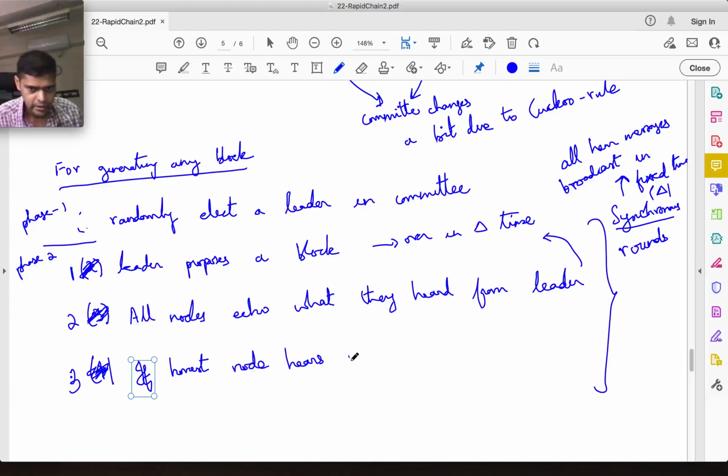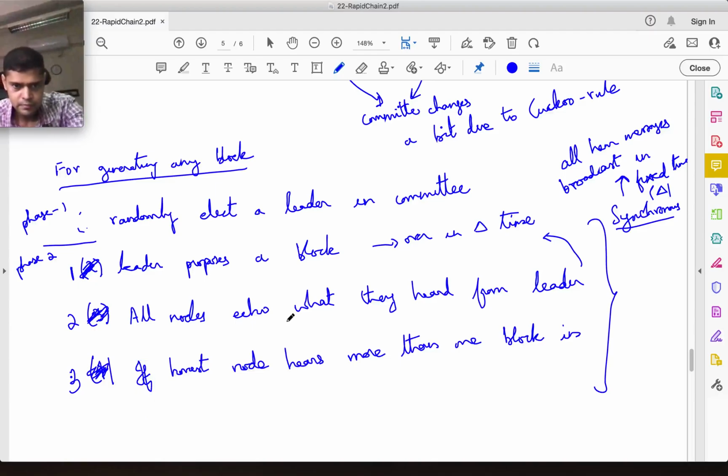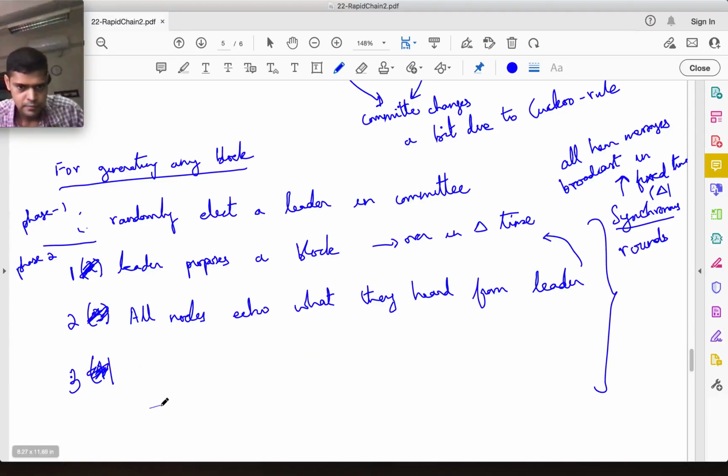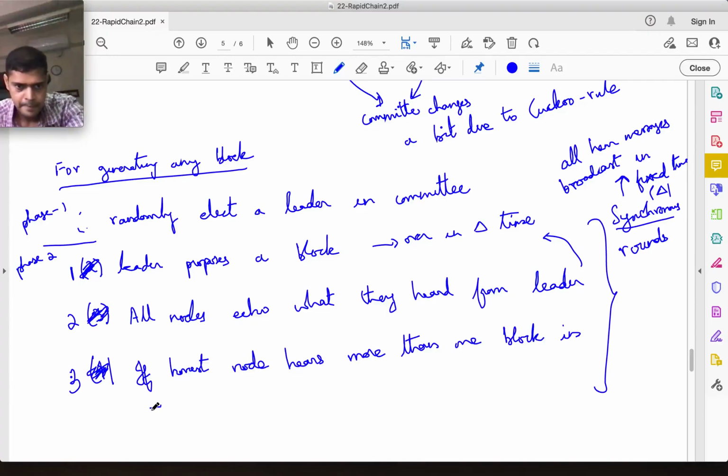So if the honest node hears more than one block in round 2, okay.